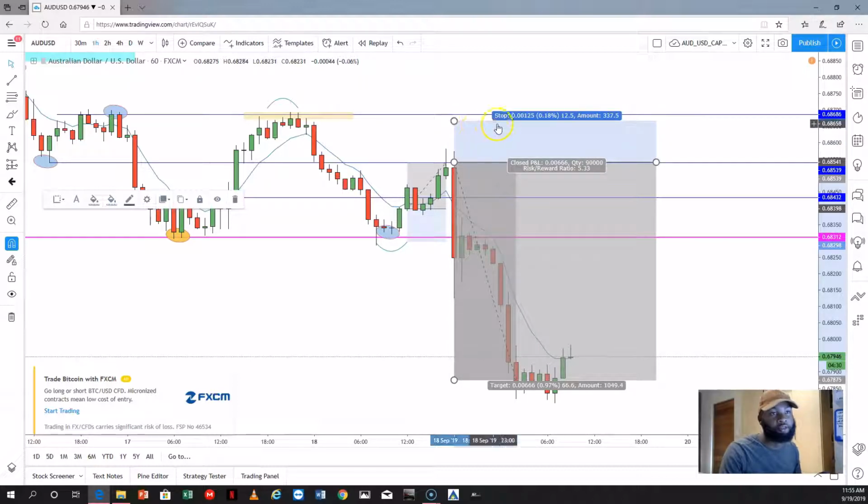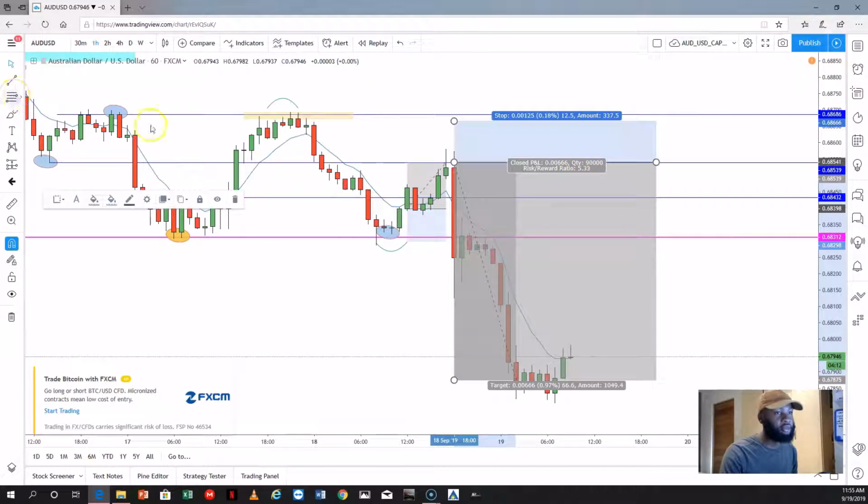So this is a much cleaner, tighter one. Total risk about 13 pips, and targets were about 66 pips, pushing the risk to reward ratio up to 1:5.3.